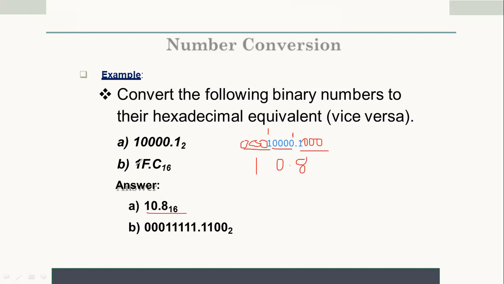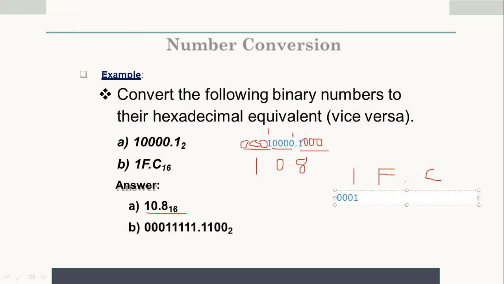Next one, 1F.C, 1F point C with base 16. That means this is converted into binary. How to convert? See, 1 means what is the equivalent binary for 1? 0, 0, 0, 1.